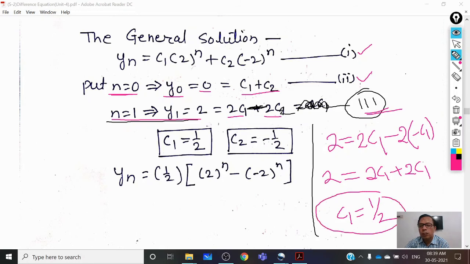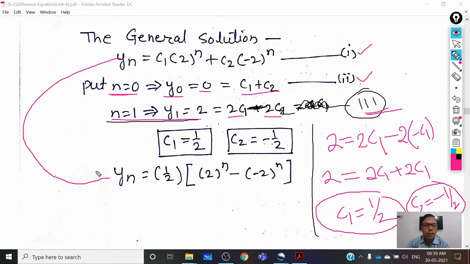So C2 is also minus 1 by 2. So equation 1 becomes y_n equal to 1 by 2 in the bracket (2 power n minus (minus 2) power n) is the answer.